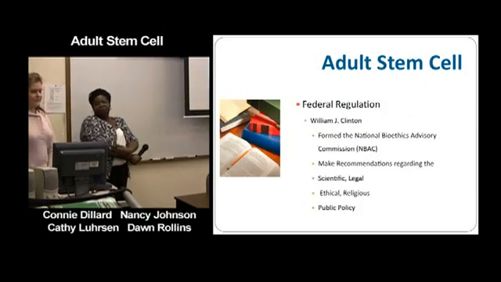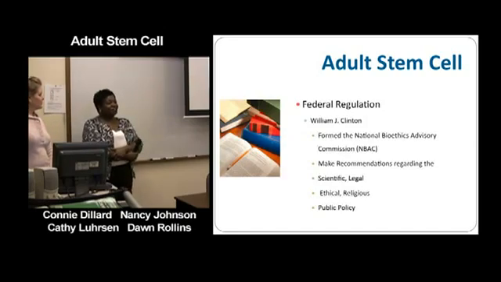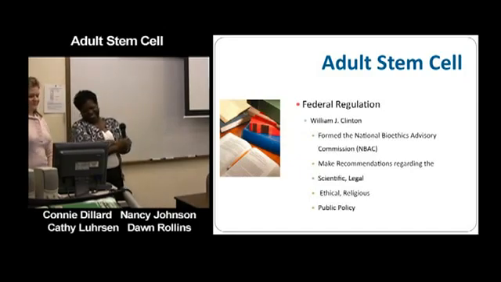Okay, so the U.S. regulations began with Clinton, and they tend to go along the views of individual parties. Clinton was a Democrat, and he didn't really outright outlaw the use of embryonic stem cells. He just didn't want them generated just for the purpose of destroying them.